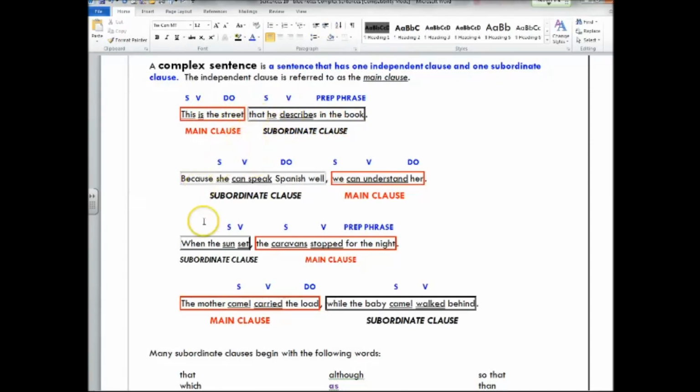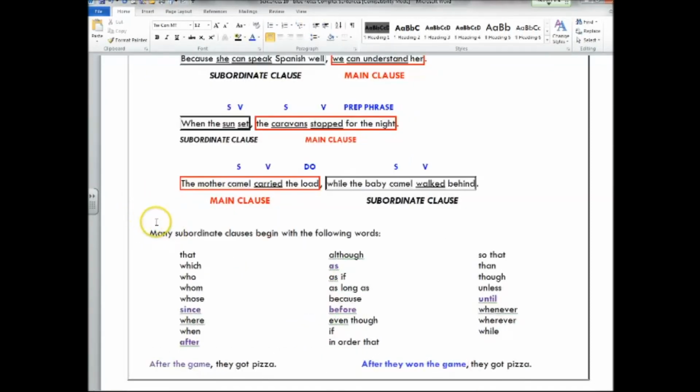The words that start your subordinate clause are conjunctions. And there are certain ones that many subordinate clauses start with. You should become familiar with them as the conjunctions beginning a subordinate clause. Words like that, which, who, whom, whose, since, where, when, after, although, as if, as long as, because, before, even though, if, in order that, so that, than, though, unless, until, whenever, wherever, and while.